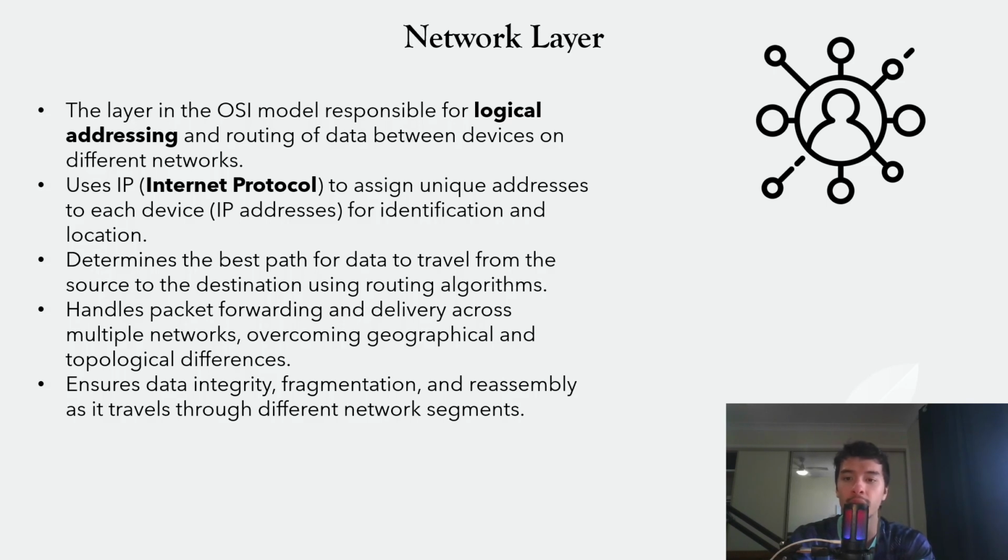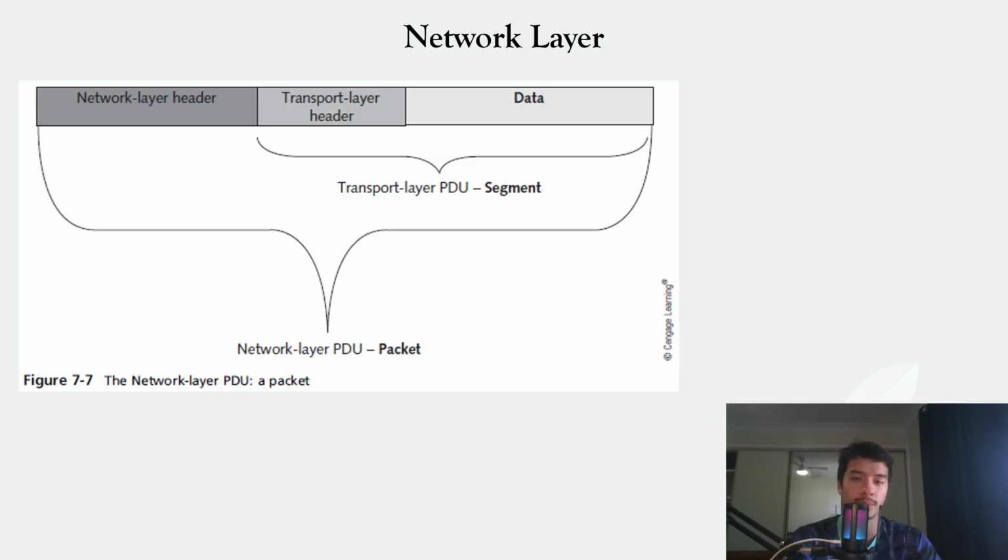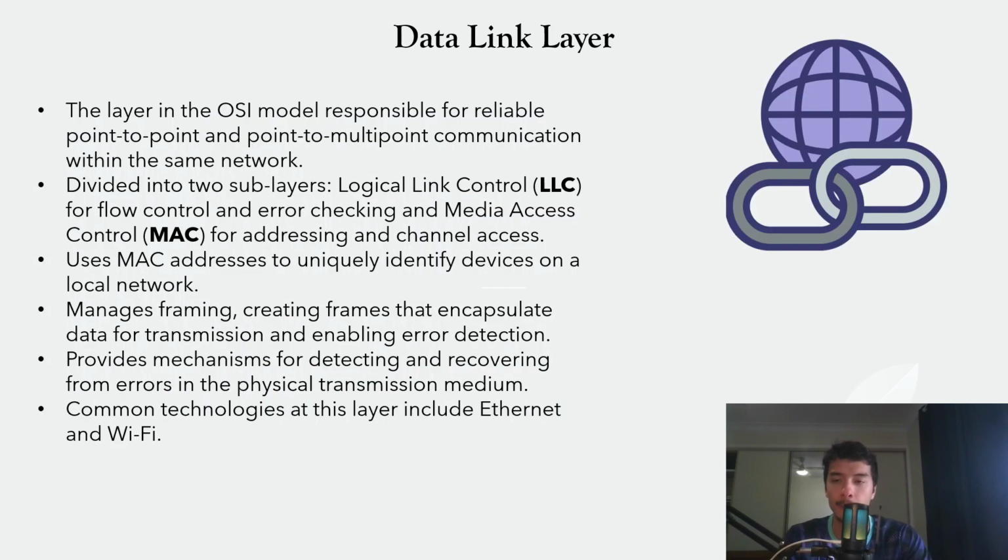Ensuring data integrity, fragmentation, and reassembly as it travels through different network segments. Okay? So we have the same thing from transport, but we've just added a network header with additional information about destination, source, and how to get there. We've got the routing information, how can we make it more efficient, stuff like that.